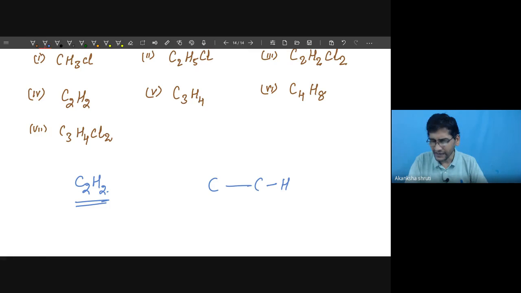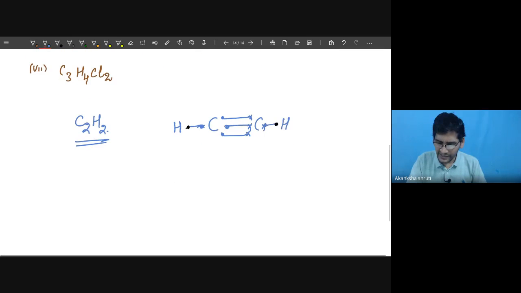If I give 1 hydrogen and 1 hydrogen here, then the left carbon has shared only 2 electrons. Still it has 2 more electrons. Also the right carbon still has 2 more electrons. So this other sharing is also possible. So the structure is like this.